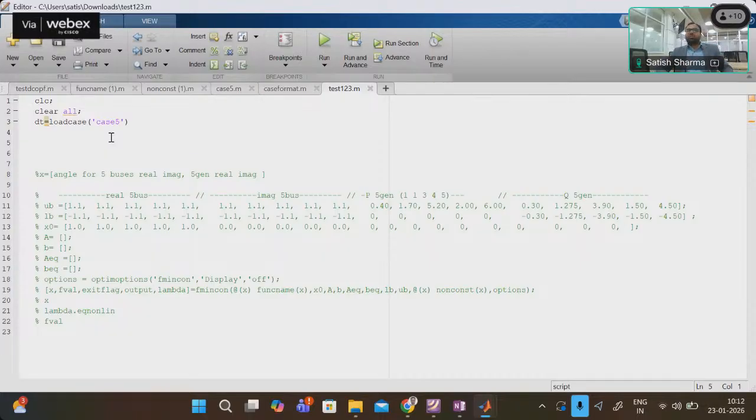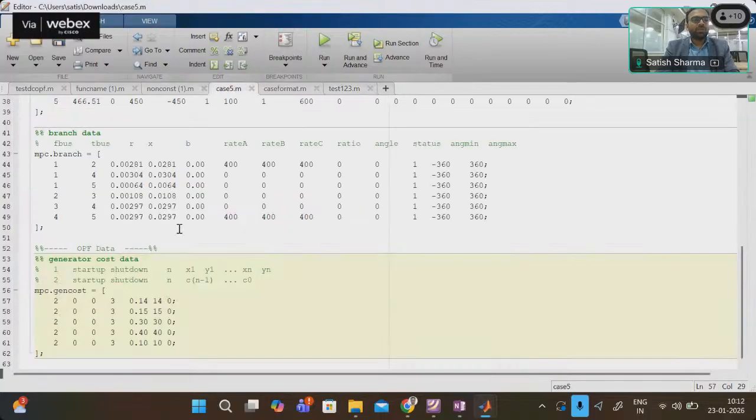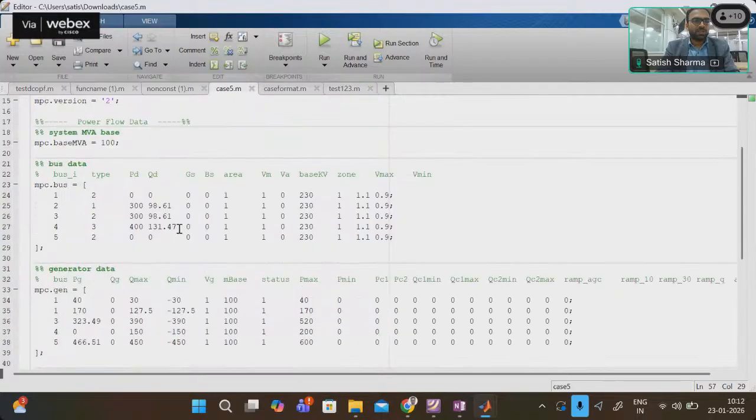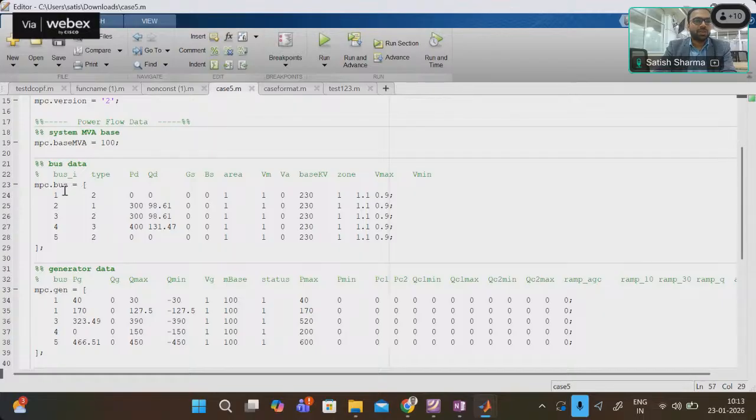Now to perform DCOPF, we need certain entries. If you see in this particular data, there is different information given. First of all, I need how many nodes there are. The number of nodes can be calculated as nodes equals the length of the bus data, so how many buses there are.